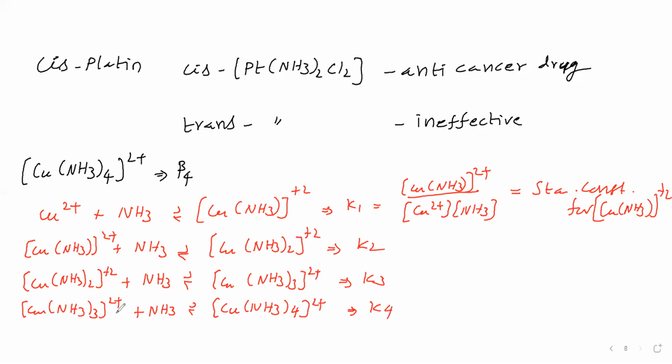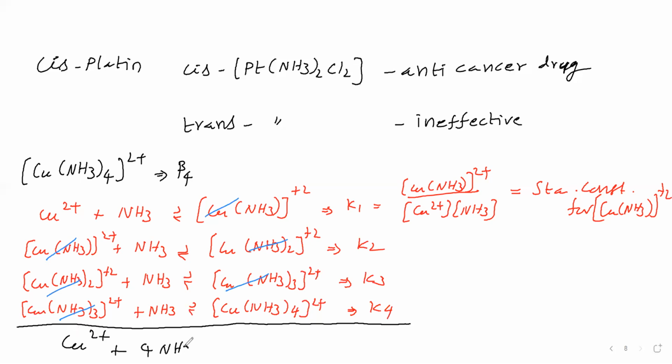Now we will see the overall reaction. We cancel the common terms: these two complexes cancel, these two cancel, these two cancel. What remains is Cu2+ plus 4 ammonia gives Cu(NH3)4 2+.